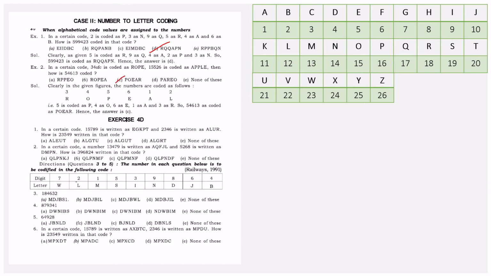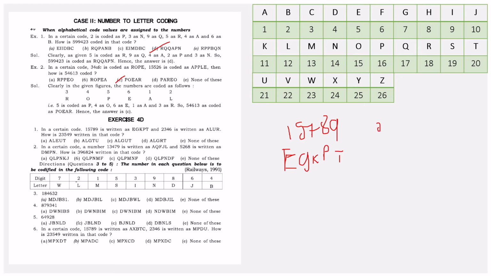Next, let's jump into the exercise. Now, just be ready with your pen and paper. In a certain code, 15789 is coded as EGKPT. I think you understand my handwriting.